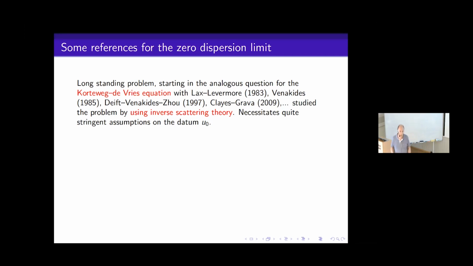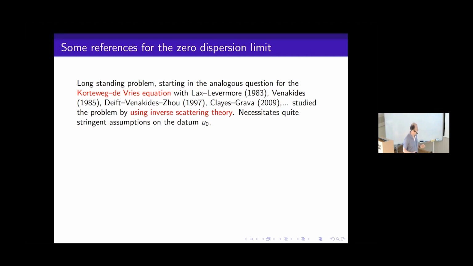Why? Because you certainly know that the Korteweg-de Vries equation is one of the most famous integrable PDEs, in the sense that it has a Lax pair, because Lax found this in 1968 in his seminal paper in CPAM.